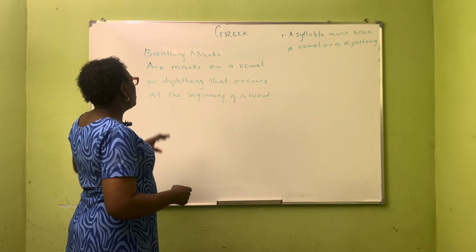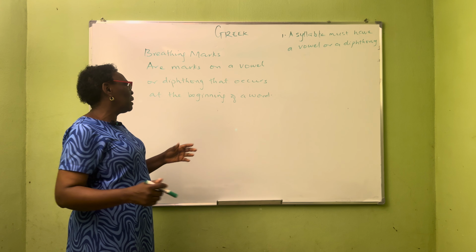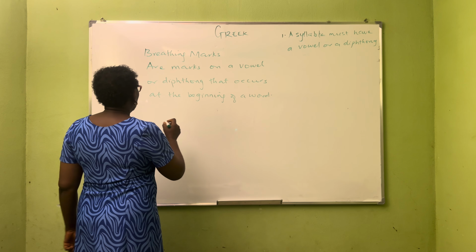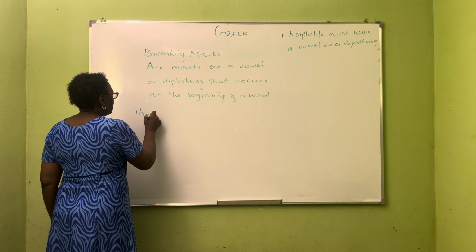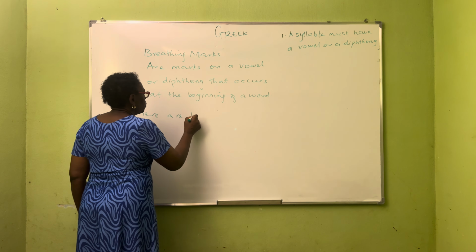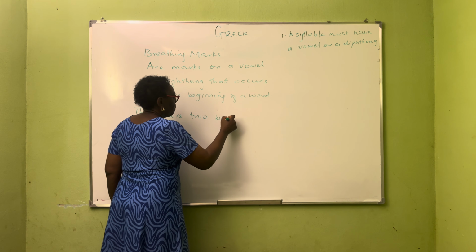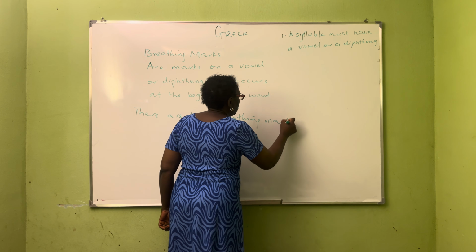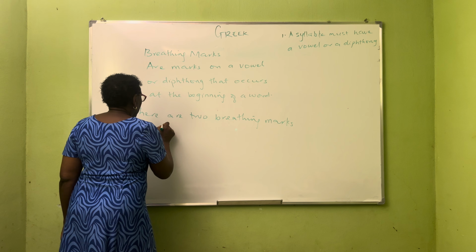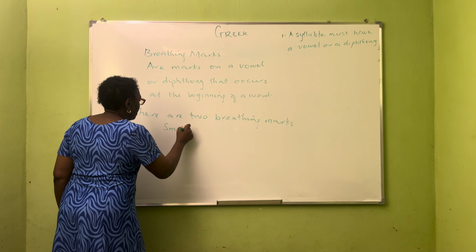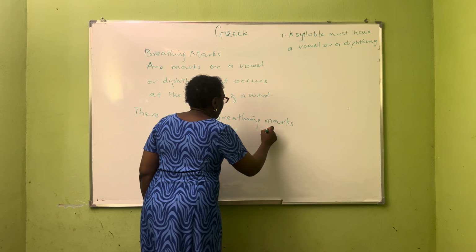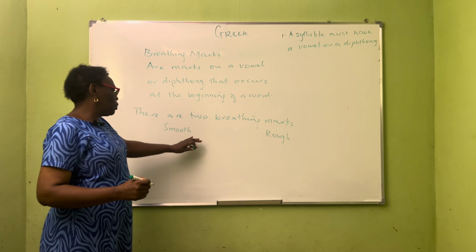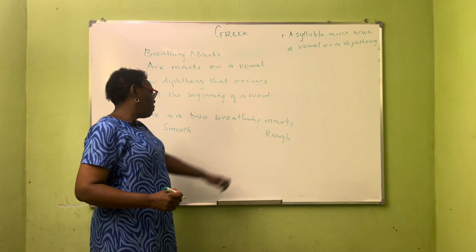What do we mean by breathing mark? How does it look? Actually, we have two of them. There are two breathing marks. We call one a smooth breathing mark, and the other a rough breathing mark.